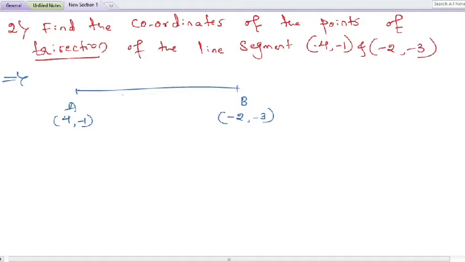So, it divides in 3, trisection. It is one point, it is another point. It is point P, say its point is Q.